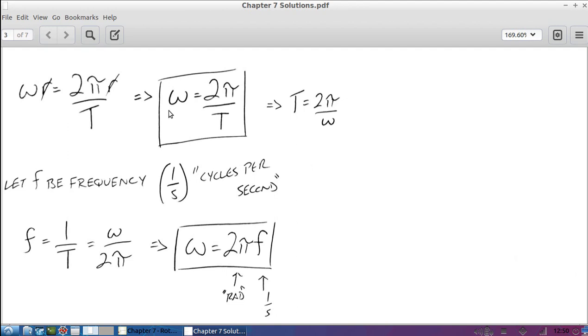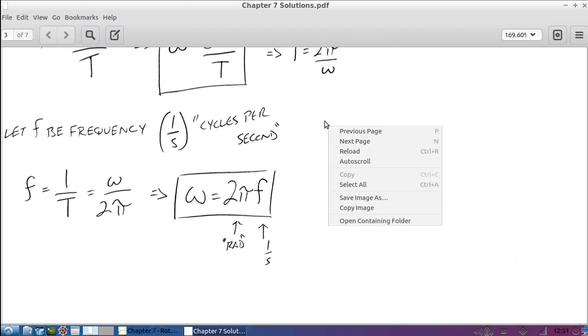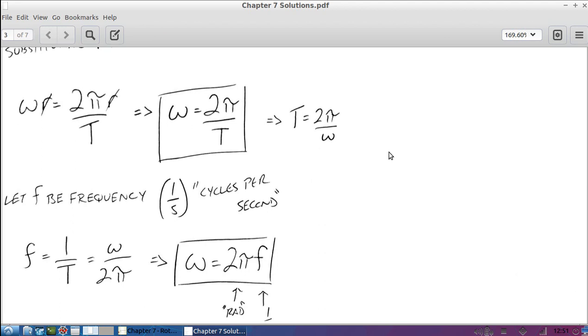Sometimes you'll see omega referred to as angular frequency, because this is periodic motion, right? It does repeat itself. It's often useful to talk about its behavior in terms of frequency. So there's angular frequency, and then there's just straight frequency.